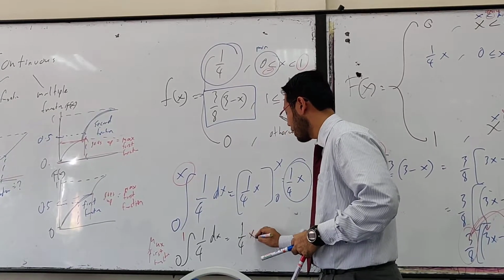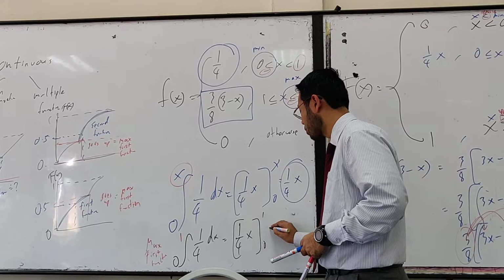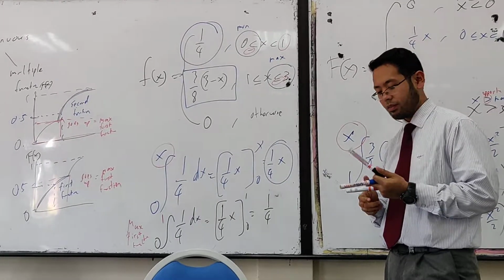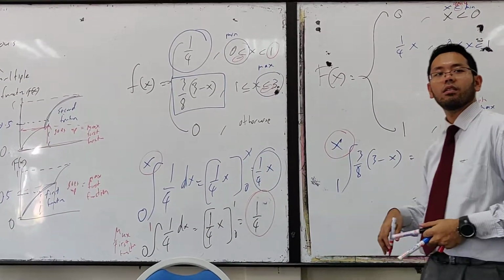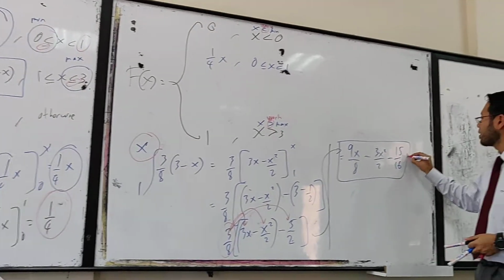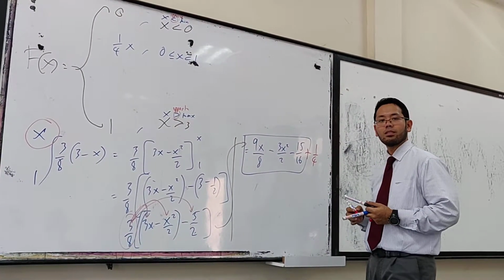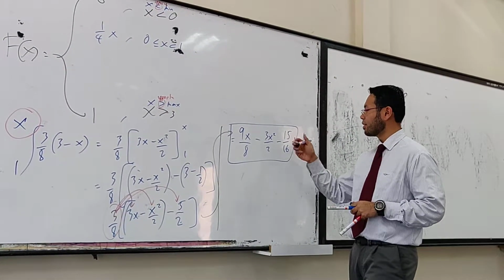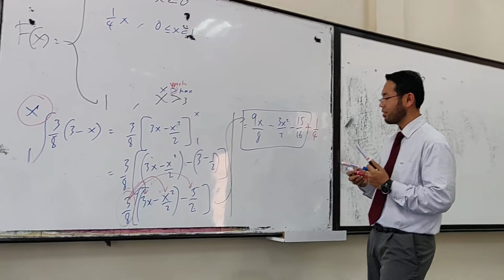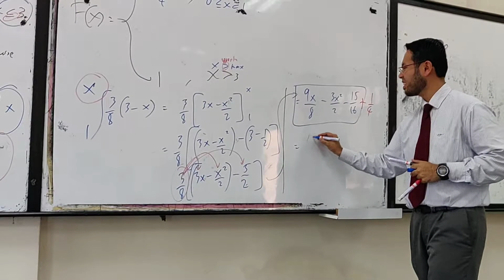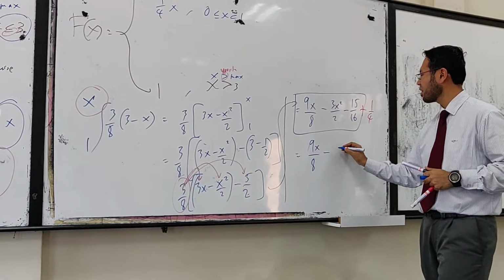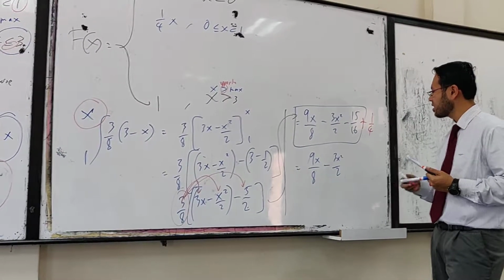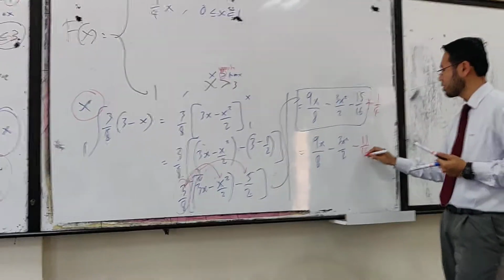So 1 over 4x, at 1 minus 0 is 1 over 4. Okay, so what should I do with this? Plus. I need to plus here. Minus 11 over 16.